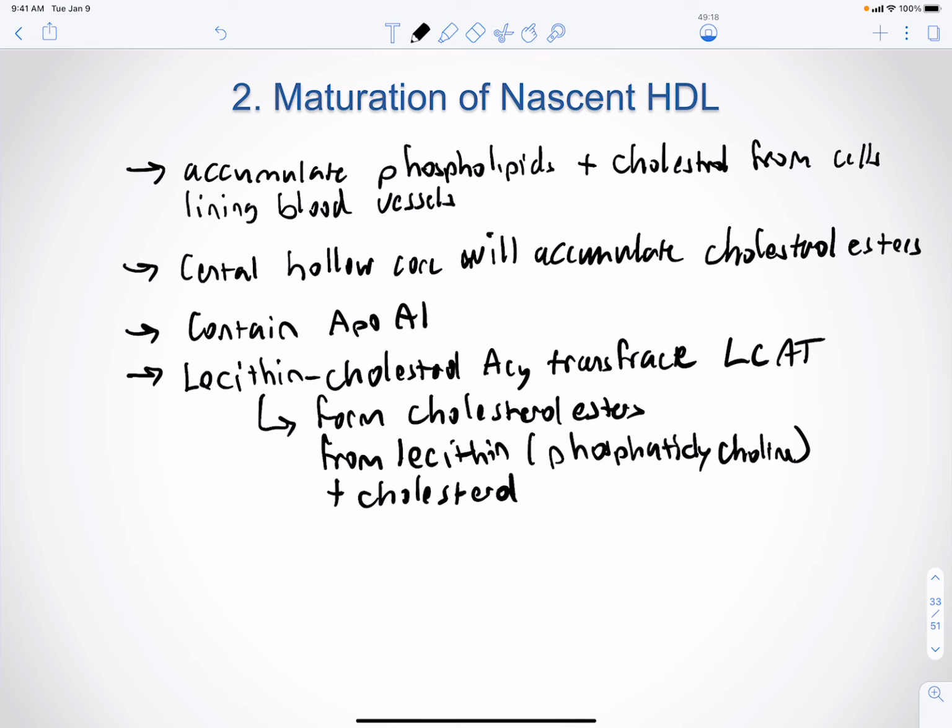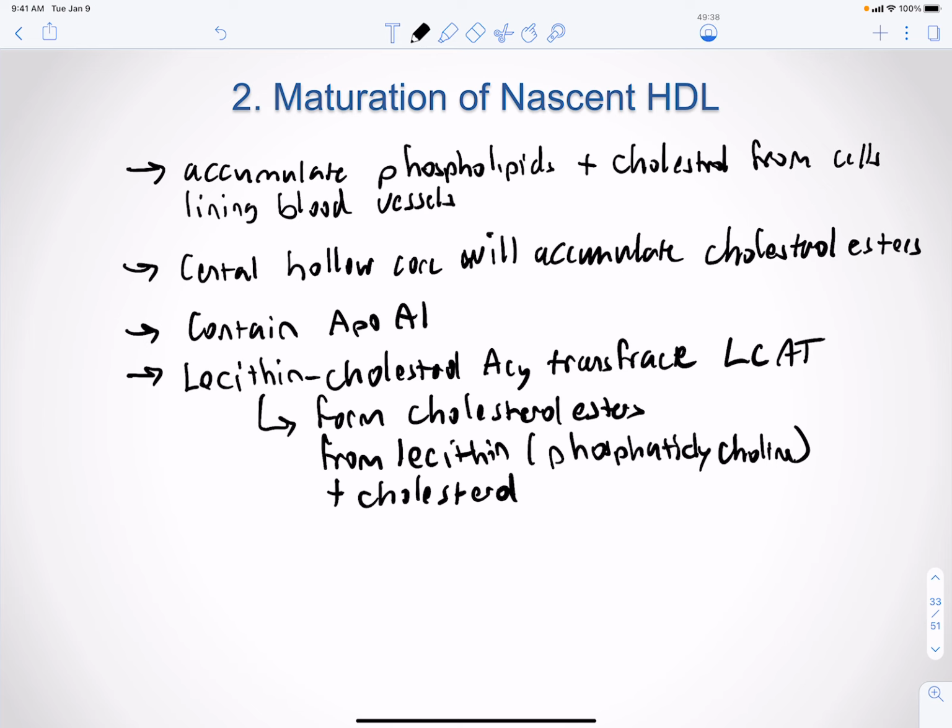So LCAT is going to be on the surface of your nascent HDLs, and it's going to interact with cholesterol and phosphatidylcholine, which is typical cell membrane phospholipid.